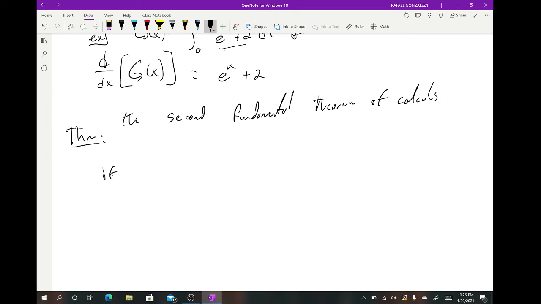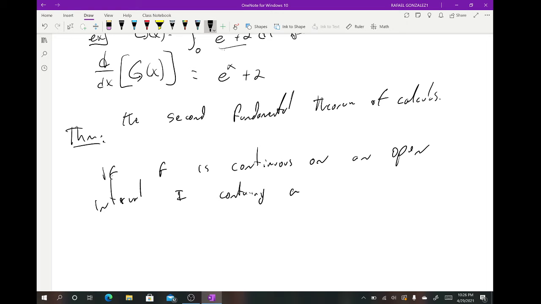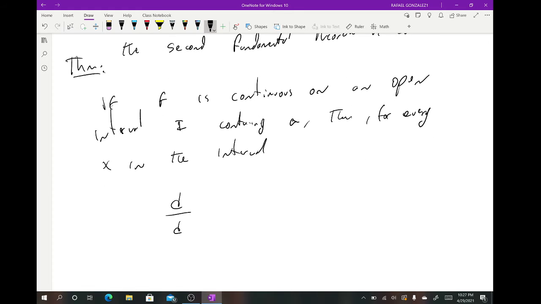And it says the following: if f is continuous on an open interval I containing the number a, then for every x in the interval, the following is true: the derivative of the integral from a to x of f of t dt is equal to f of x.